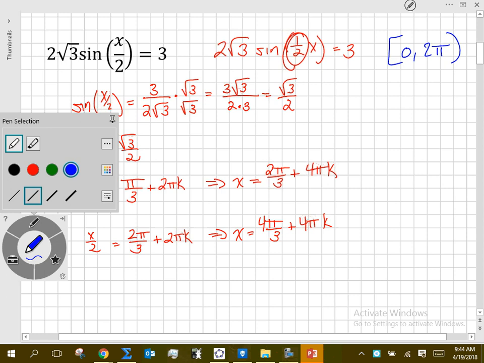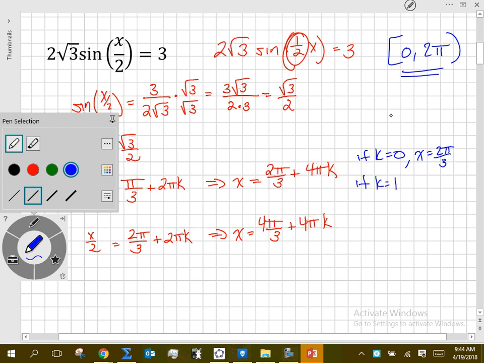So I think in this one it actually happens pretty quickly. If k equals 0, that's going to go away, right? So it just gives me x to be 2 pi over 3, and that's in this interval.